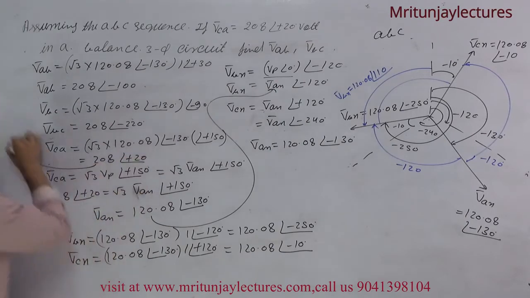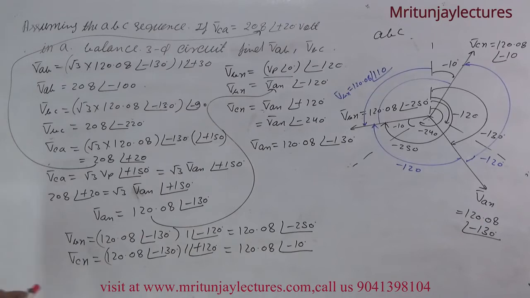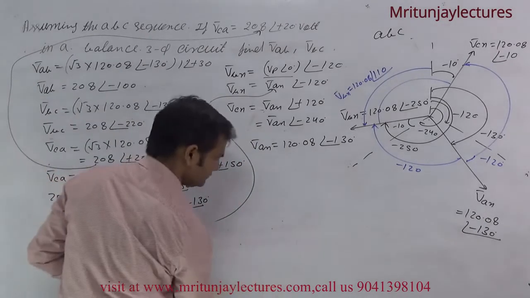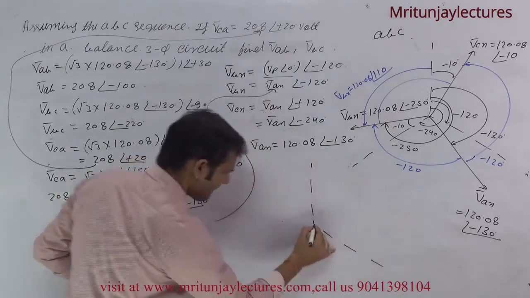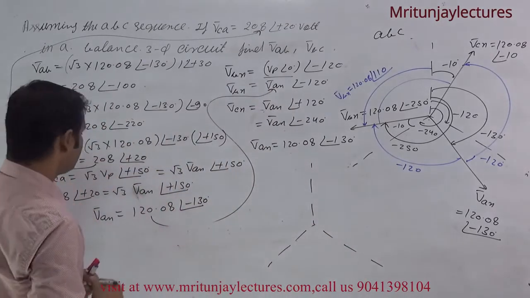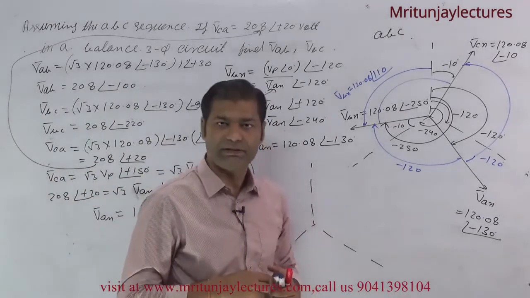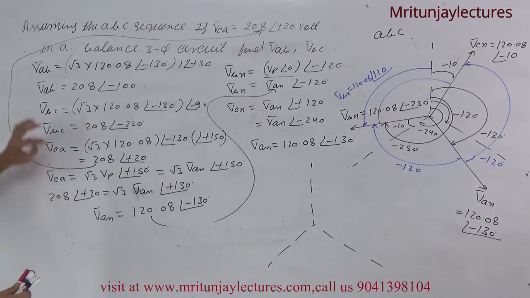Clear? It satisfies this value. After that we make the same condition, AN after that BN after that CN, because the phase sequence is ABC. What about AN? Not AN, AB after that BC after that CA.